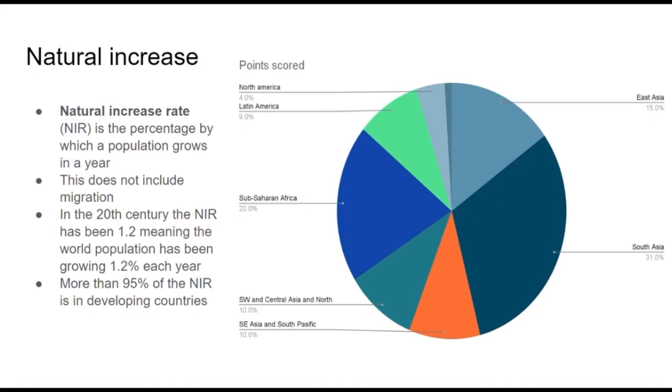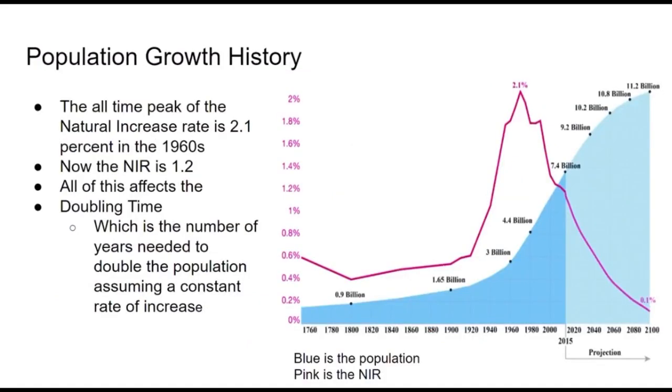More than 95% of the NIR is in developing countries, such as East Asia, Southeast Asia and the South Pacific, Southwest, Central, and North Asia, Sub-Saharan Africa, and Latin America. Population growth history. The all-time peak of the natural increase rate is 2.1% in the 1960s. Now the NIR is 1.2.